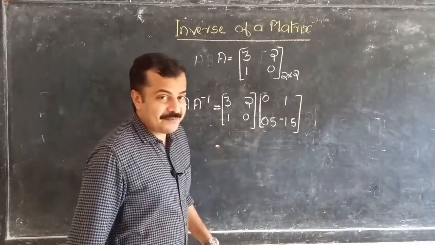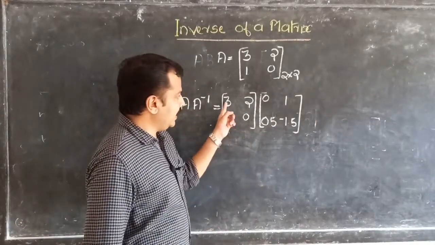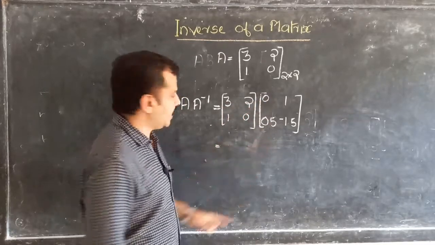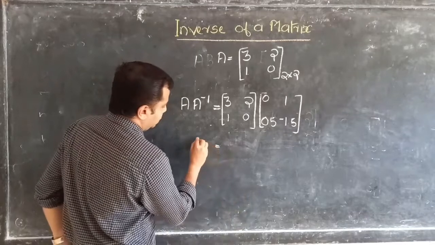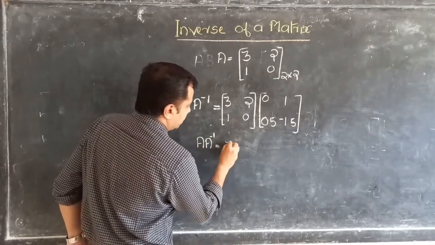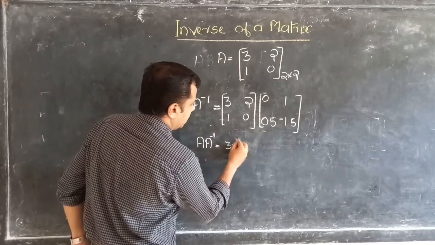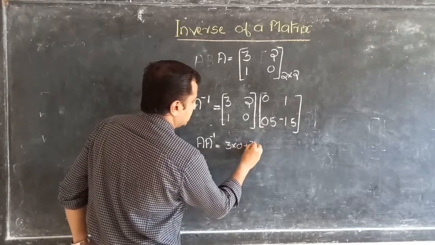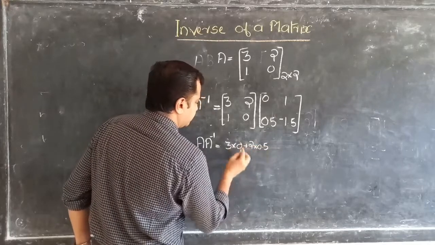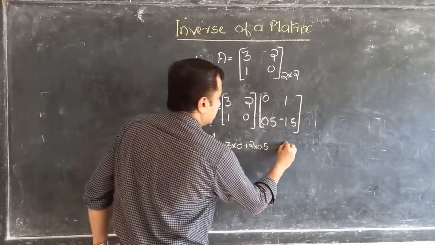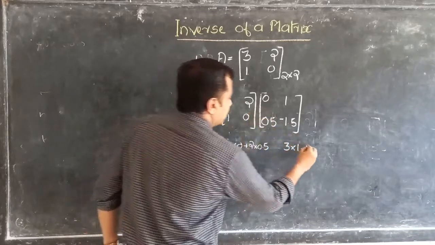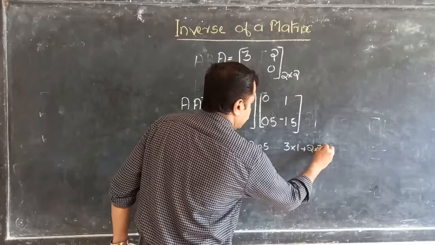So how to multiply matrices? We will multiply every row with a column and we'll add up the product, right? So A into A inverse equals 3 into 0 plus 2 into 0.5. Then 3 into 1 plus 2 into minus 1.5.